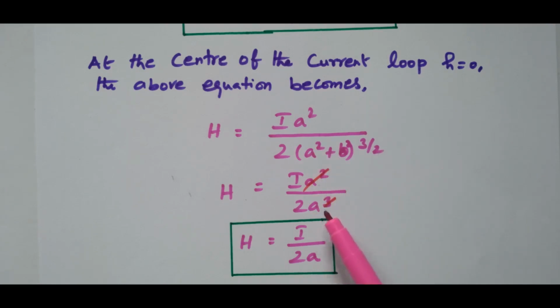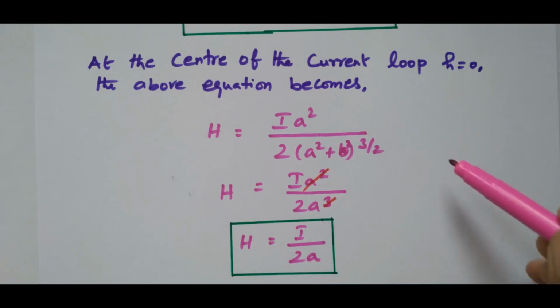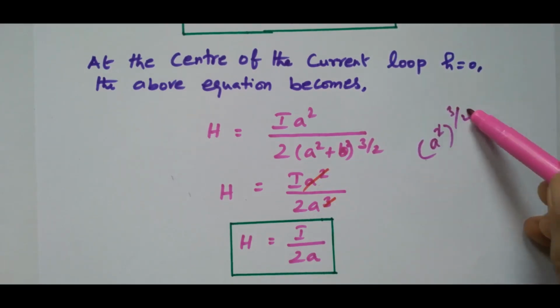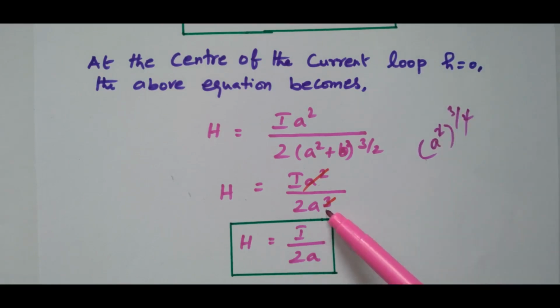We will get A cube, right? So IA square divided by 2A cube. Here A square cancels. So what we have? I divided by 2A. This is at the center. At the center of the current loop, the magnetic field intensity is I divided by 2A.